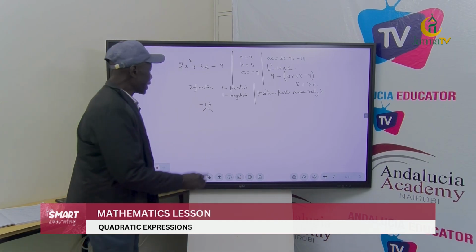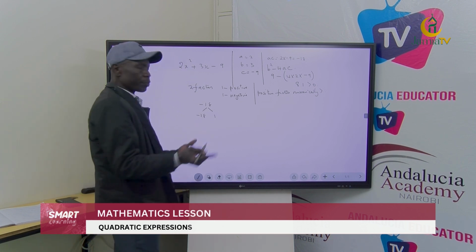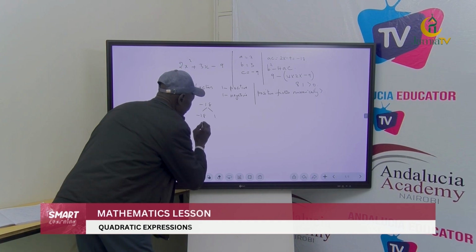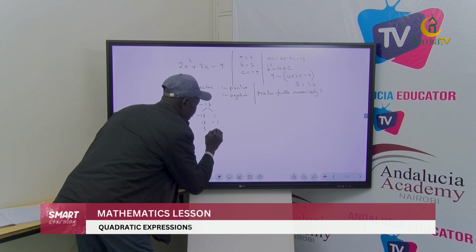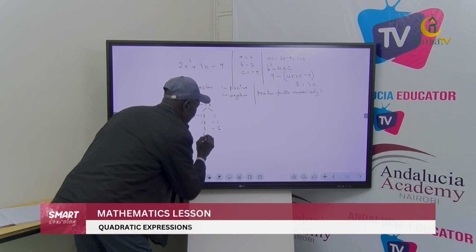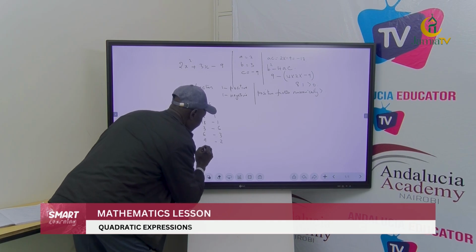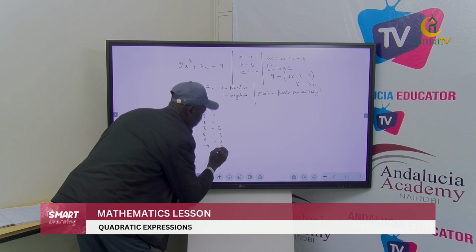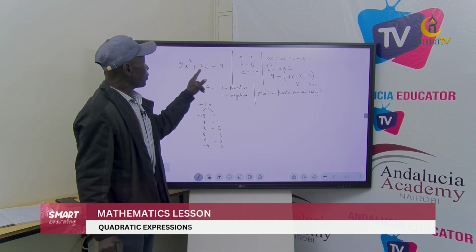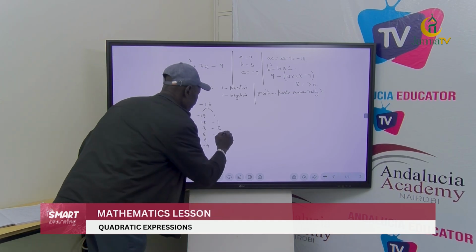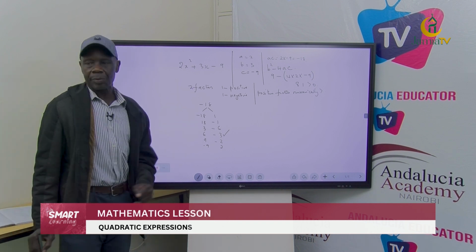Of course, we can have negative 18 and 1, 18 and negative 1, 3 and negative 6, 6 and negative 3, 9 and negative 2, and negative 9 and 2. If you look at these factors, the one which falls in our category is this one here. Positive 6 minus 3 will give us positive 3.